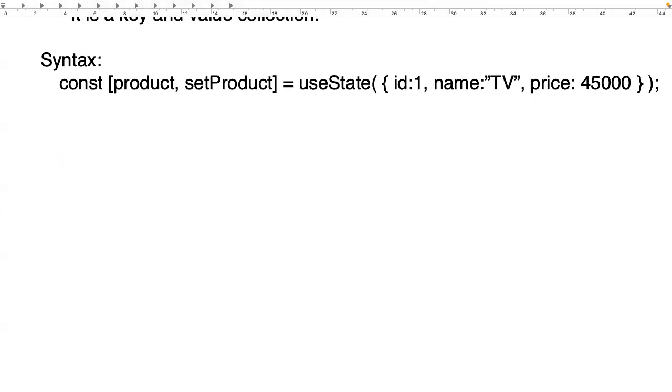Data in an object can be any type. And how do we access and present them? product.name, am I right? We can access with reference to the key. So object name and key name, we can access and we can present.